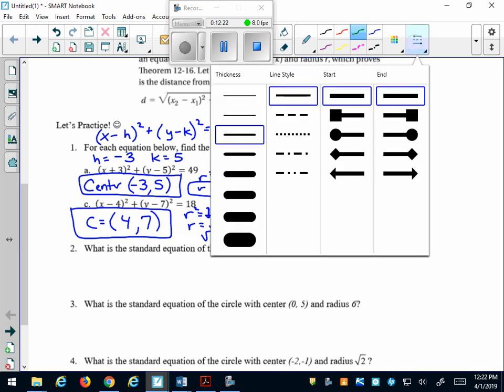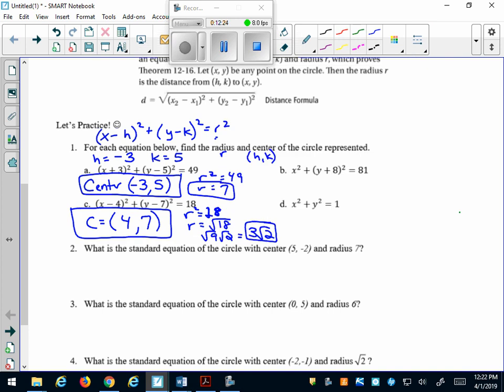All right, the next one is just an x squared. If it's just an x squared, then what's h? So the h in this case is just 0. So the center is at 0, comma, what's the k? -8. And the radius is square root of 81, which is 9.